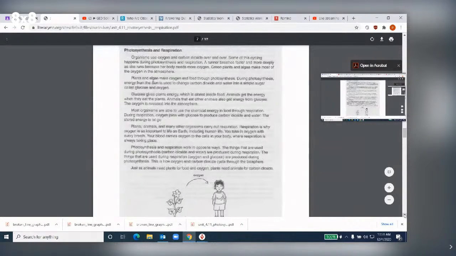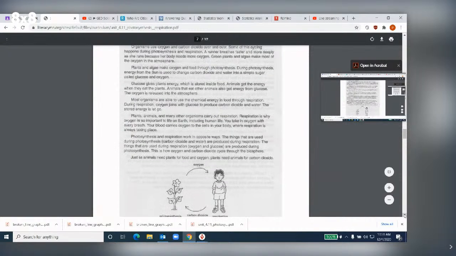Photosynthesis and respiration work in opposite ways. The things that are used during photosynthesis, carbon dioxide and water, are produced during respiration. Things that are used during respiration, oxygen and glucose, are produced during photosynthesis. This is how oxygen and carbon dioxide cycle through the biosphere. Just as animals need plants for food and oxygen, plants need animals for carbon dioxide.